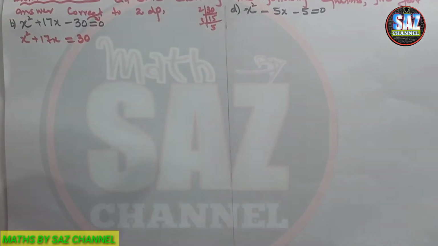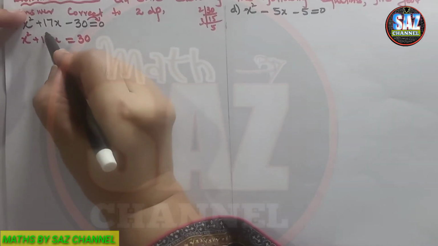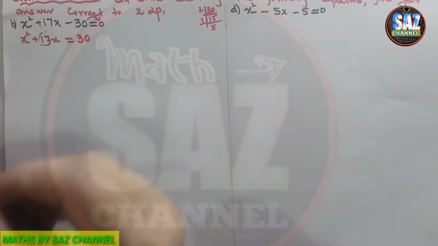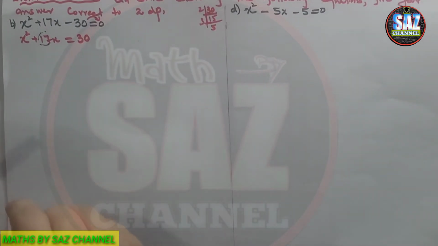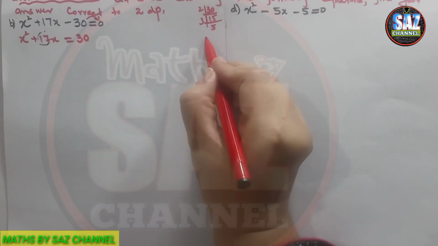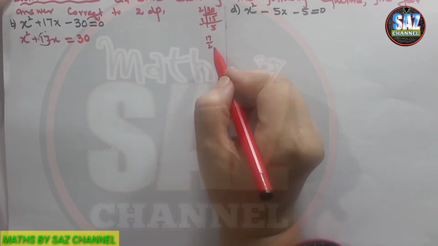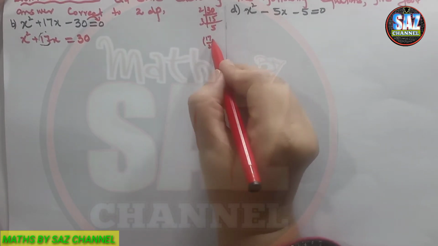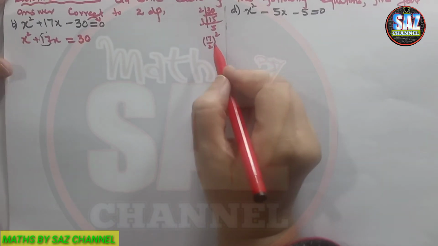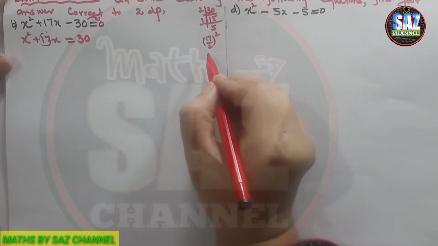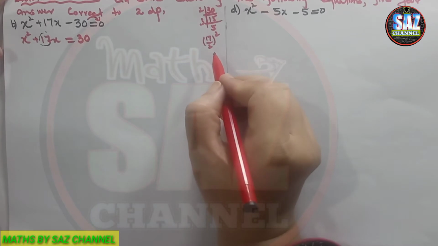After that, I have to observe the coefficient of x, which is 17. I have to make it half: divide it by 2, then take the square of that half, and after that add that square on both sides.